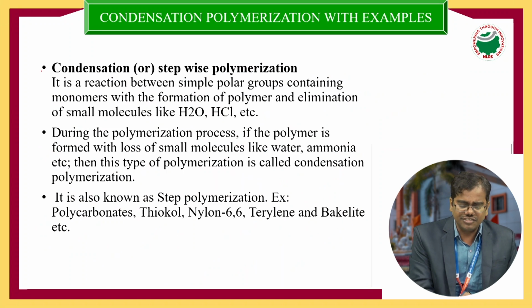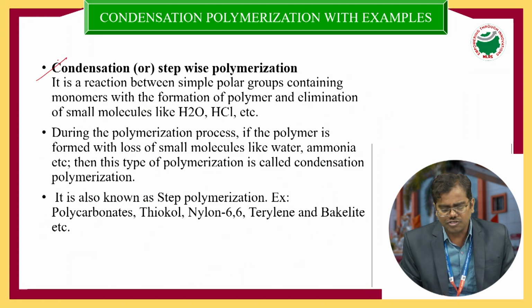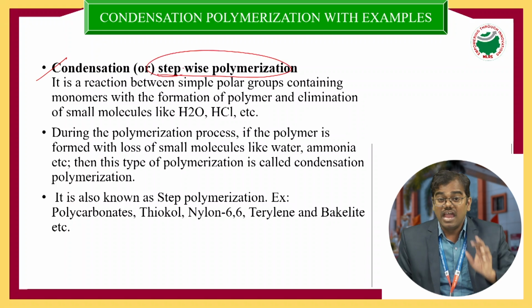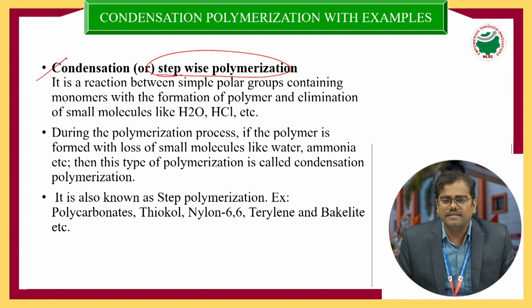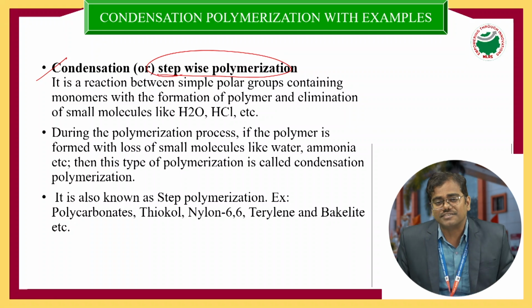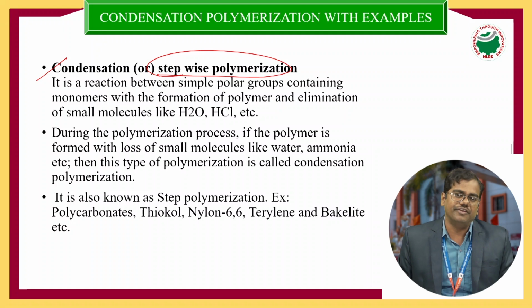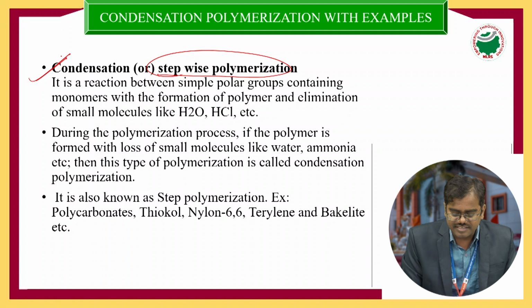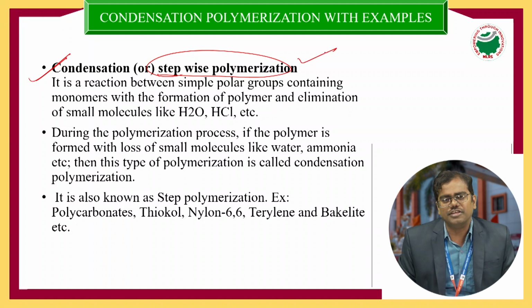This condensation polymerization we can also call step growth polymerization. In the last class we discussed addition polymerization, which is also called chain growth polymerization. And condensation polymerization we call step growth polymerization.